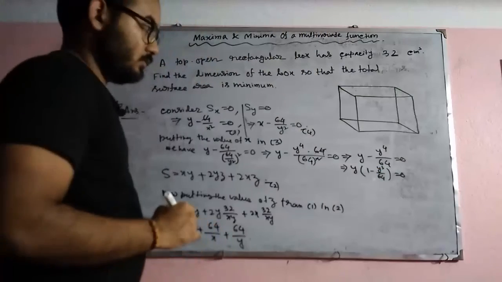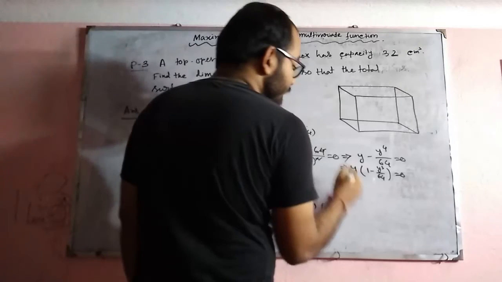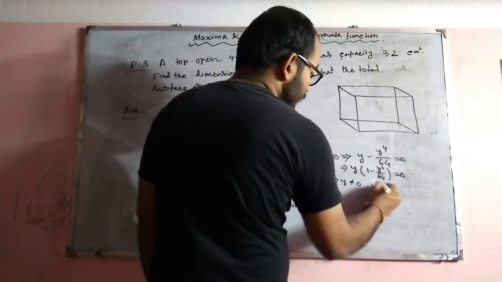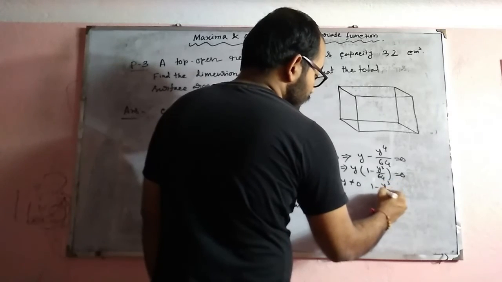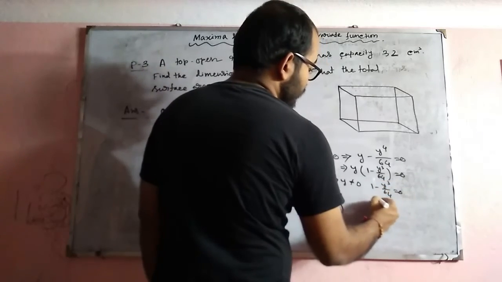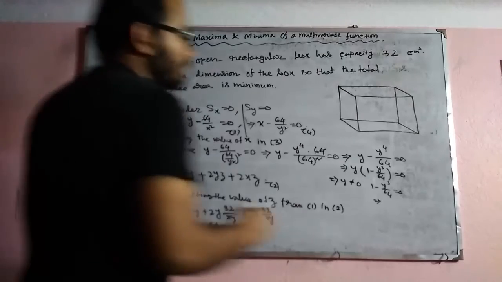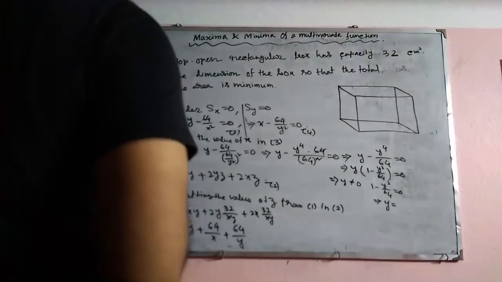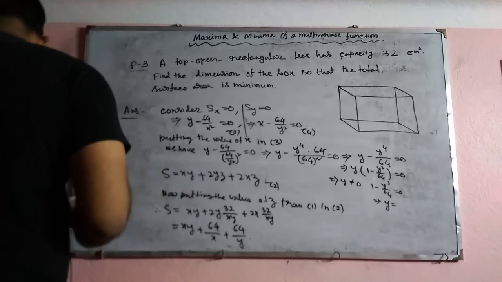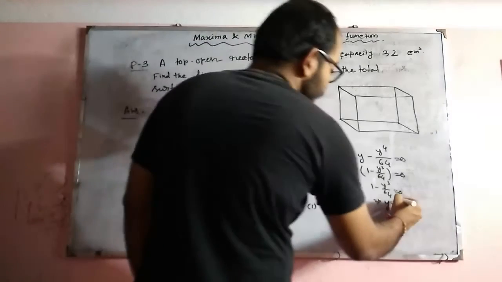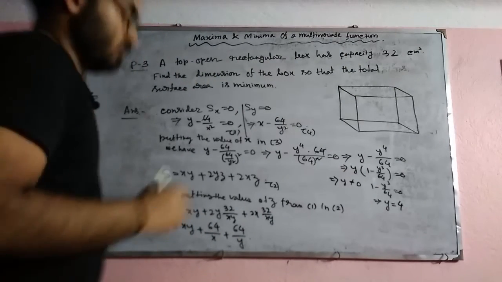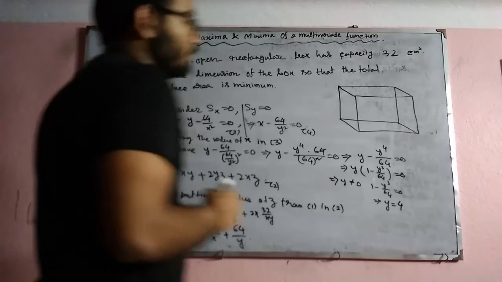Y cannot be 0. Okay. So this will give you y is equal to 4. Y is equal to 4.